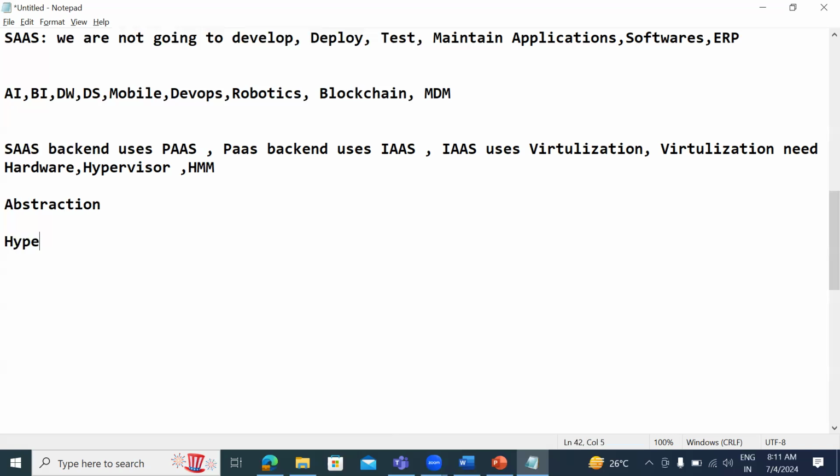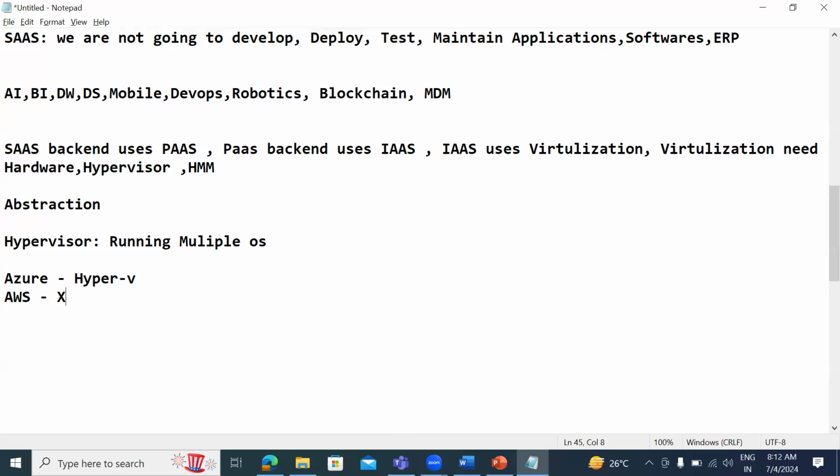Already we know what a hypervisor is. A hypervisor is a special class of operating system which has the capability of running multiple operating systems on top of it. Now in the Azure backend, they use their own hypervisor, Hyper-V.